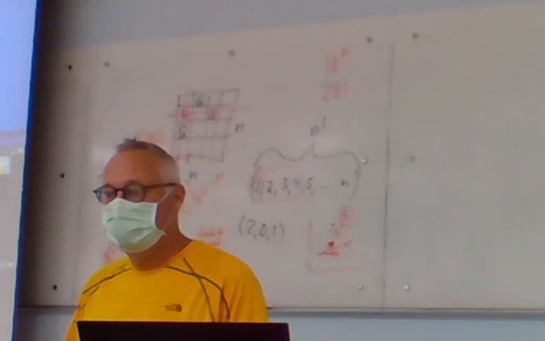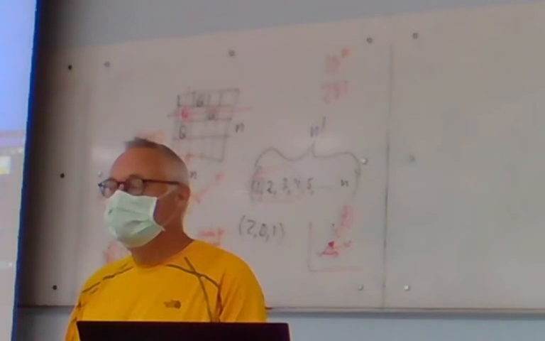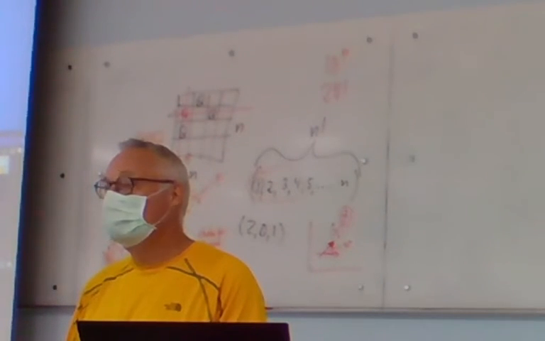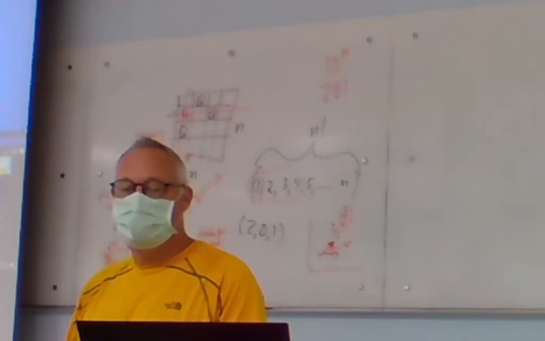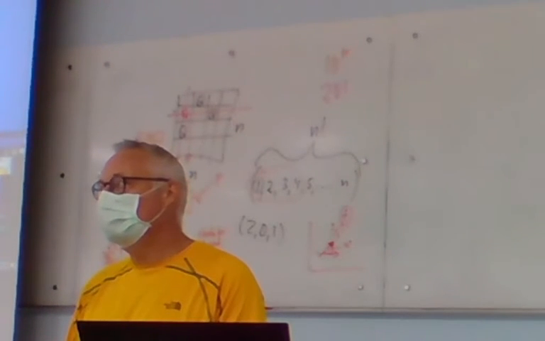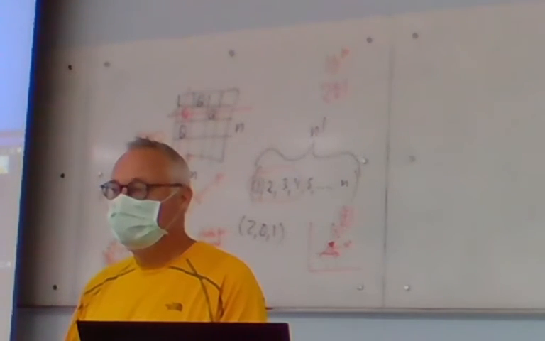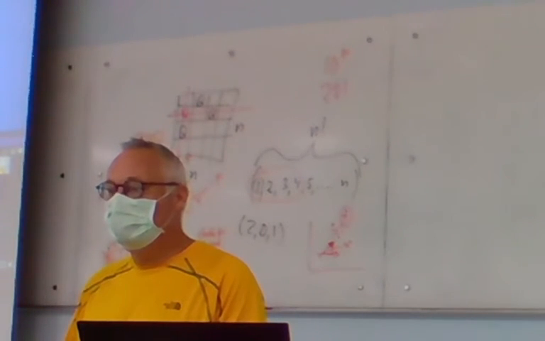A1. Oh no, let's not do A1. B2. Okay, how about this state? What will be the optimal value function, the value of this state under the optimal policy? What's the best I can do if I'm in state B2?